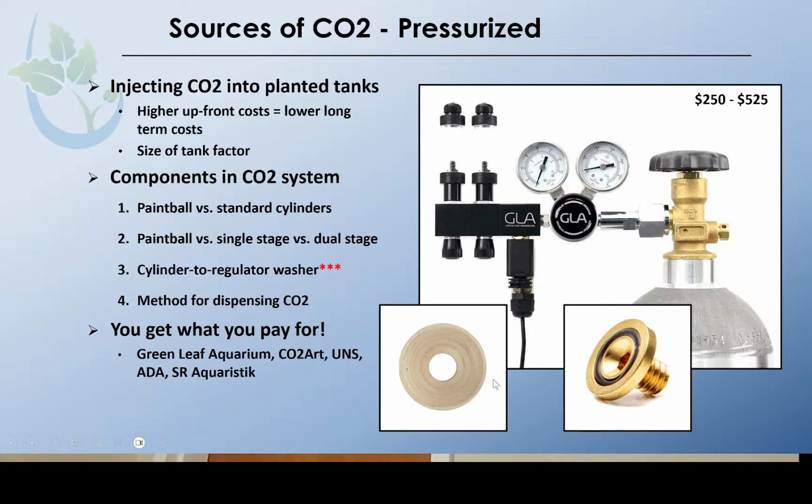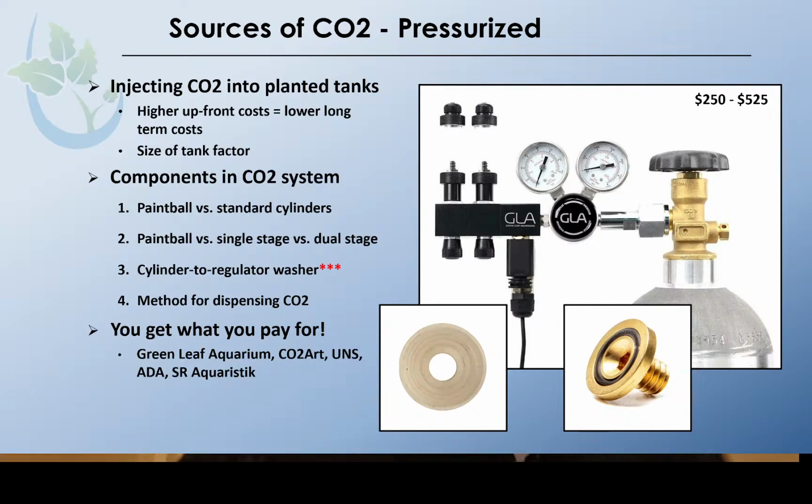And the reason for that is, I'm going to send these guys around. Little small washers. Just feel the difference between each of those. In a standard regulator, that seals your regulator to your cylinder. Without it, you're going to get leaks.